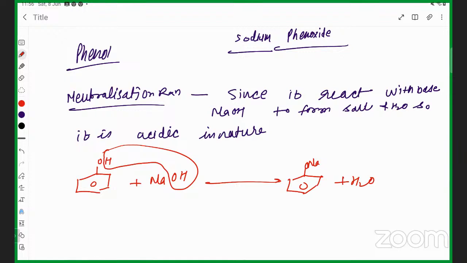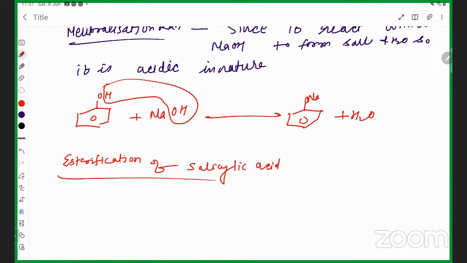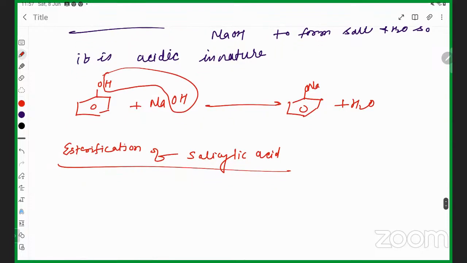Another reaction we have already studied: esterification of salicylic acid. Salicylic acid means hydroxy derivative of the carboxylic acid. So COOH, already I discussed with you. OH is there now. You are treating with what? Acetic anhydride, CH3 C double bond O, O, C double bond O CH3.